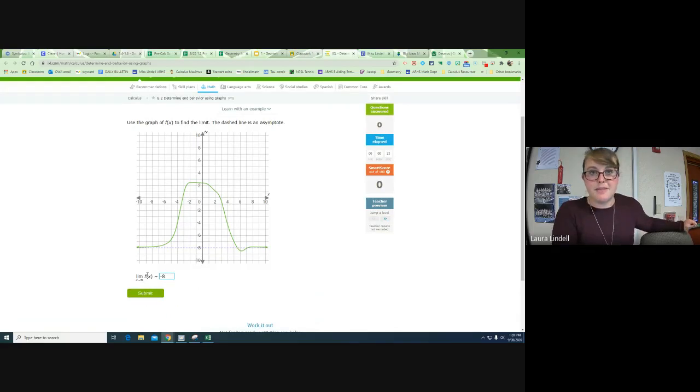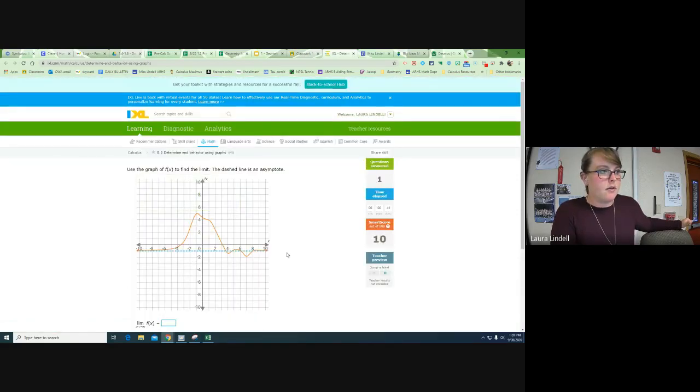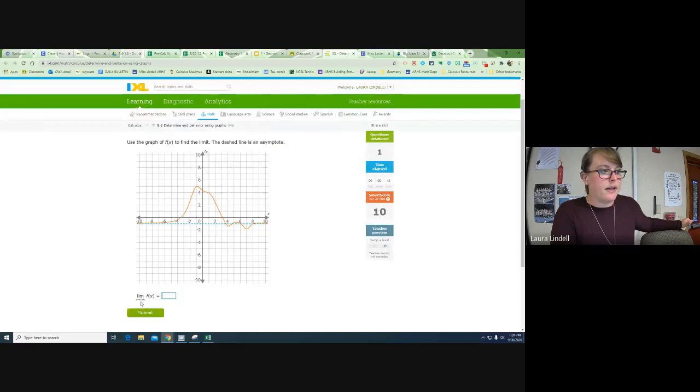You'll sometimes see the limit as x goes to infinity, or the limit as x goes to -infinity. That means the same thing, like as we were talking about. As x goes to infinity, f of x goes to blank. So this is just using limit notation instead. On this one, this time we're going to -infinity. So we're looking at the left end behavior, and it looks like -1 is the asymptote here.